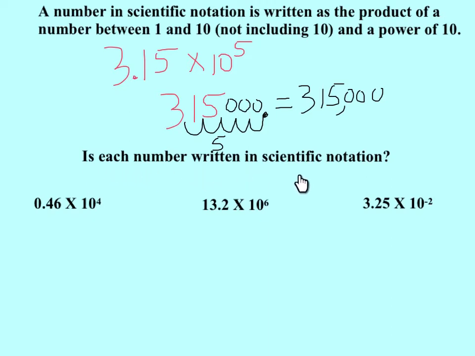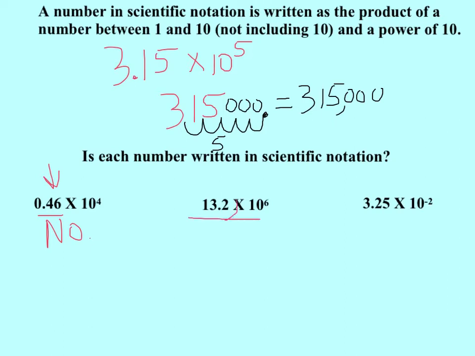So let's see if we can spot this. Is each number below written in scientific notation? So remember, in order to be in scientific notation, it has to be a number between 1 and 10, a times sign, a 10, and an exponent. So let's see. We have a 10 with an exponent. We have a multiplication sign, but this number is not between 1 and 10. So this would be no. Let's try this one.